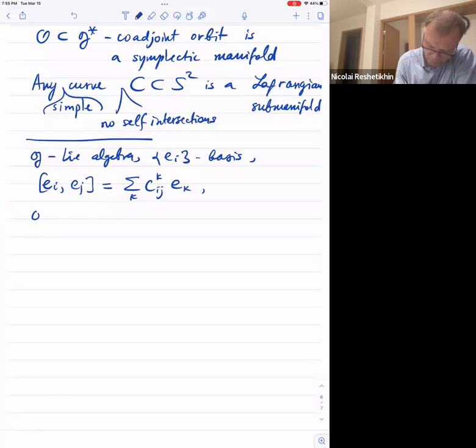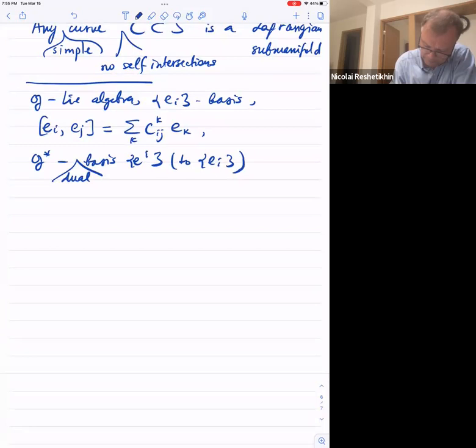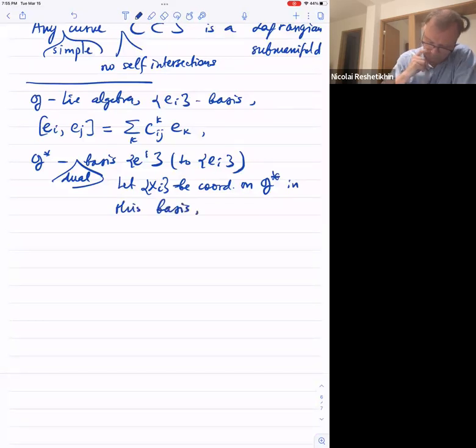So G star has a dual basis, dual to the basis that we choose for G. And let xi be coordinates on G star in this basis.